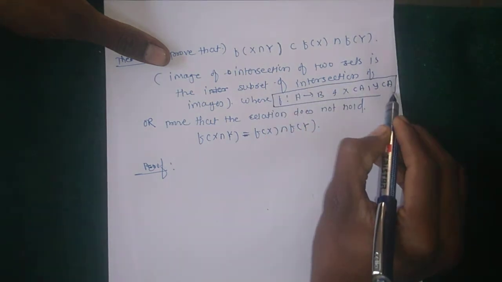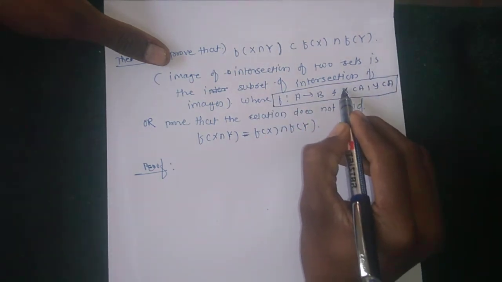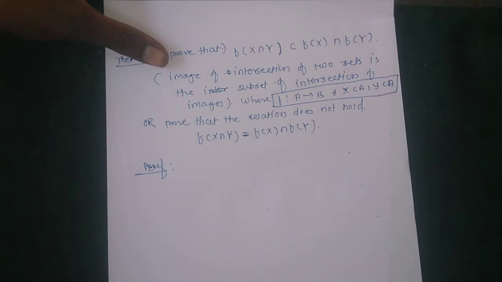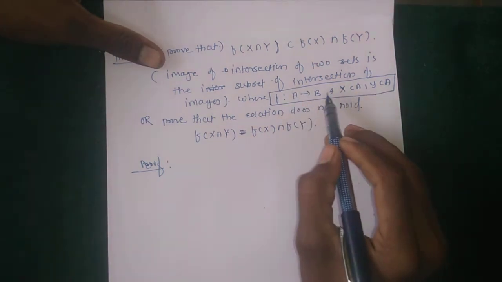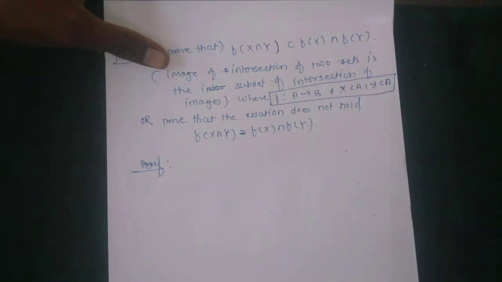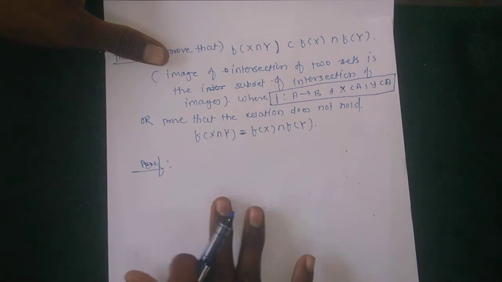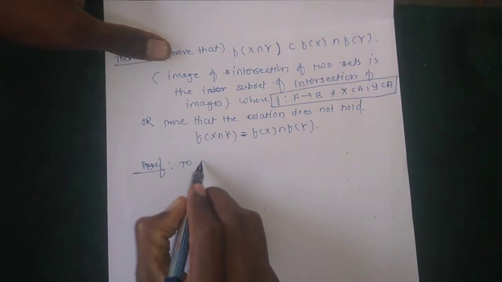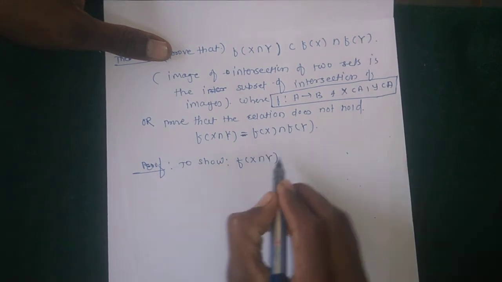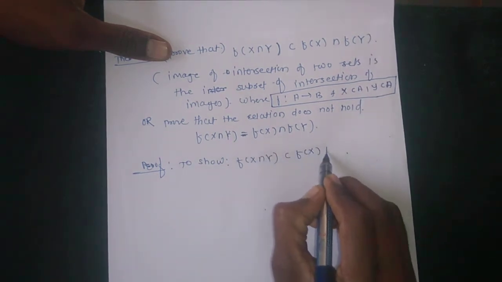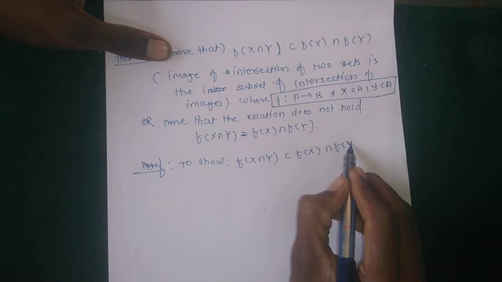The function is from A to B, and X and Y are subsets of A, then their images belong to B. So how do we prove this theorem? Let us show that f of X intersection Y is a subset of f of X intersection f of Y.